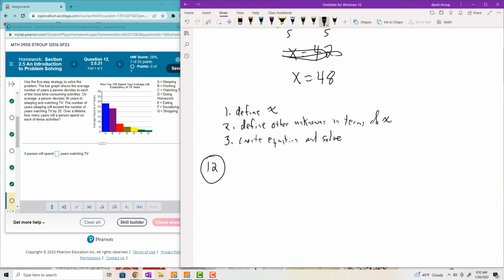On average, a person devotes 36 years to sleeping and watching TV. The number of years sleeping will exceed the number of years watching TV by 20. Okay, so that sentence right there connects the two unknowns. So I'm going to automatically just define one of those two things to be x. So I'll say x is the number of years watching TV.